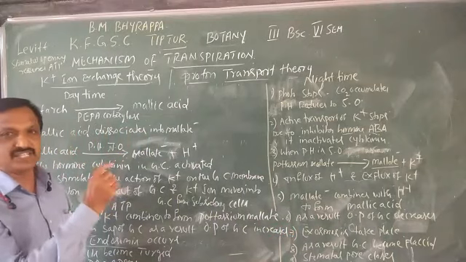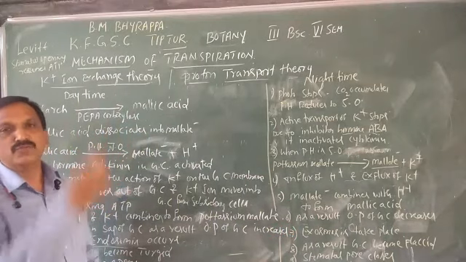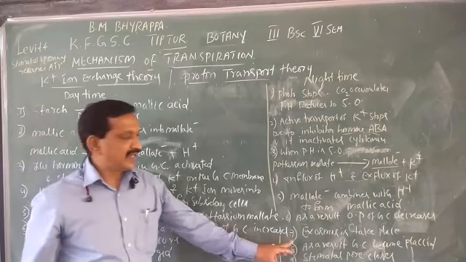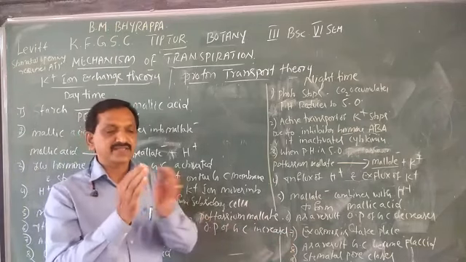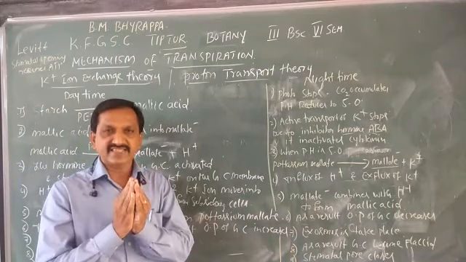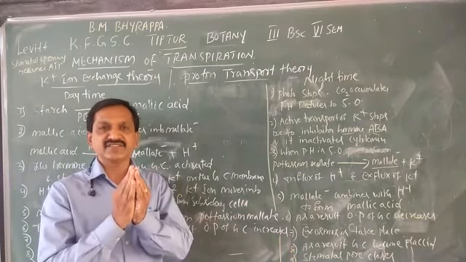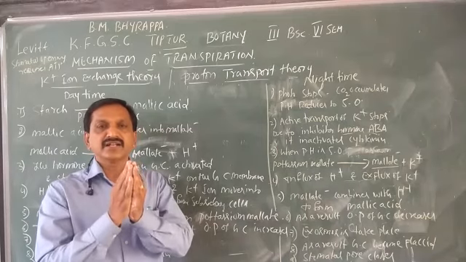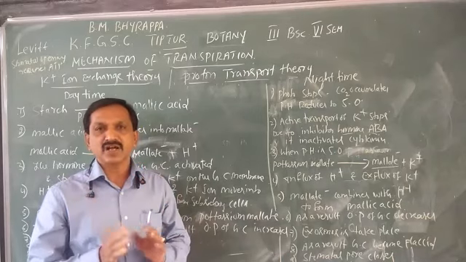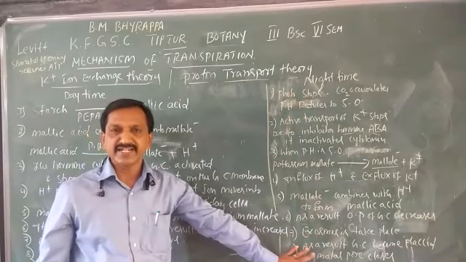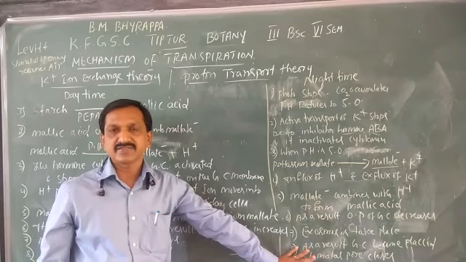That means the water which is present inside the guard cell will move into the subsidiary cells. Once exosmosis takes place, the guard cells which were turgid become flaccid, or they shrink. As a result, the stomatal pore closes and the transpiration process stops. These are all the changes which take place during the night time in the guard cells.